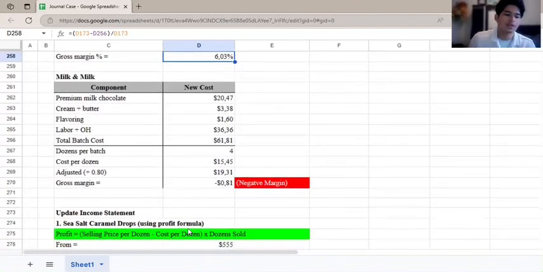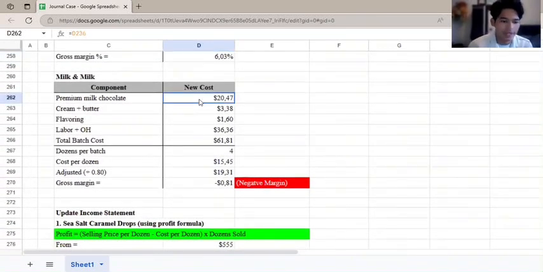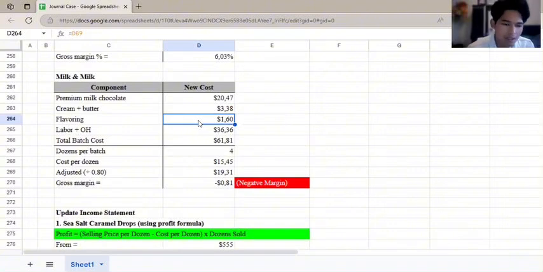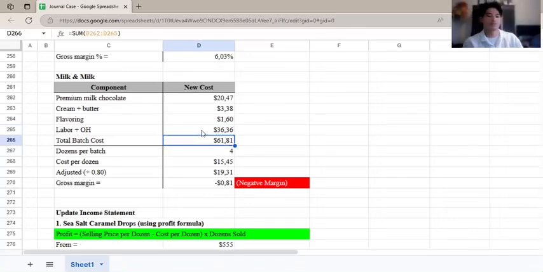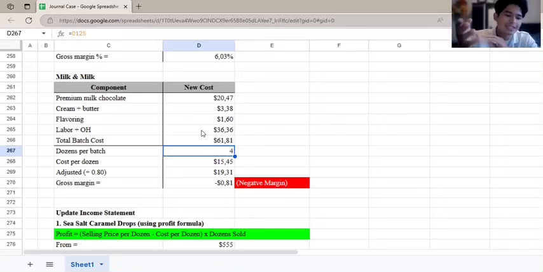Next, we're going straight into the milk and milk. Here, the milk and milk all use the premium milk chocolate, where the new cost for premium milk chocolate is around $20.47. The cream butter is around $3.38, the flavoring is $1.60, and the labor plus overhead is $36.36. The total batch cost is $61.81, and the dozens per batch for the milk and milk for all varieties is 4 dozen per batch.